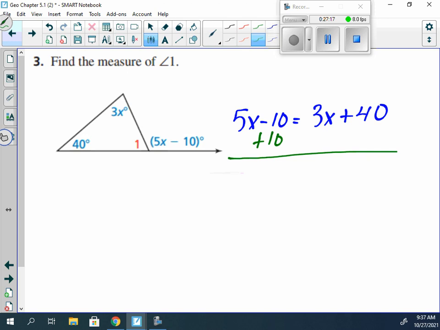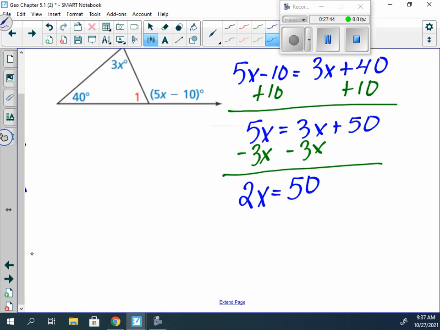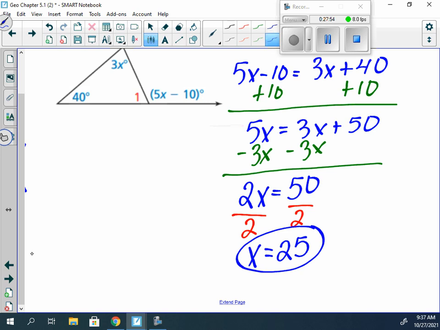We can add 10 to both sides, which will tell me that 5x is equal to 3x plus 50. 5x minus 3x is equal to... x is equal to... So we found the value of x.